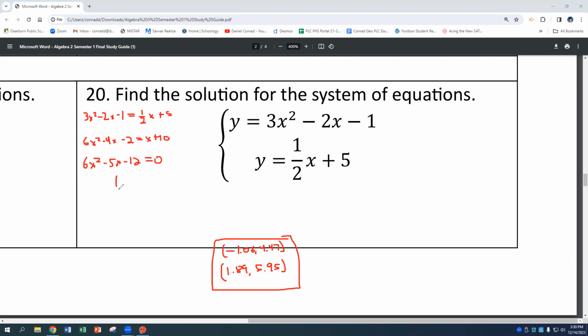Okay, we could try to factor. It would be hard. We'd have to end up using your quadratic formula. It would be 5 plus or minus 25 minus what, 4 times 6 times negative 12, right? And then this would give you solutions. Okay, so just using the calculator is fine for that one.